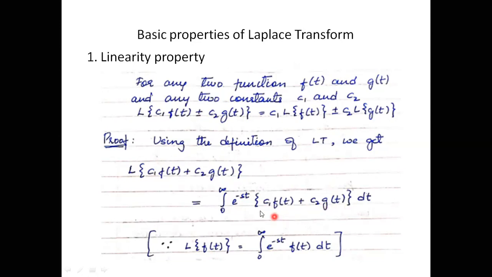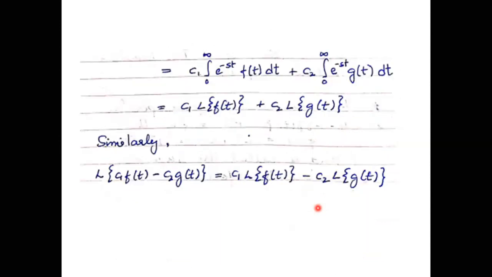In the next step, what I'll do is I'll split the integral and I'll take these constants c1 and c2 outside the integral after splitting. So that looks like this: c1 into integral 0 to infinity e power minus st f of t dt plus c2 into integral 0 to infinity e power minus st g of t dt.